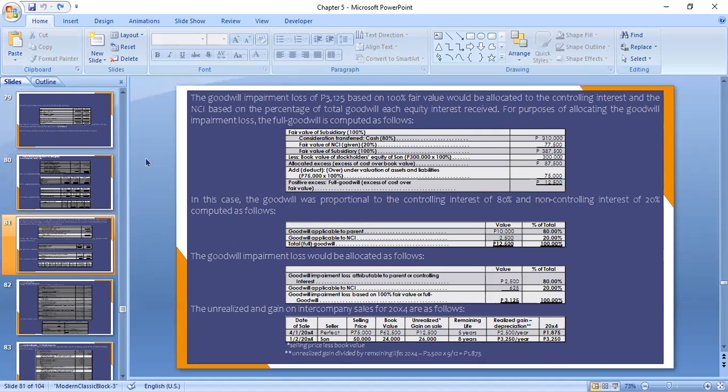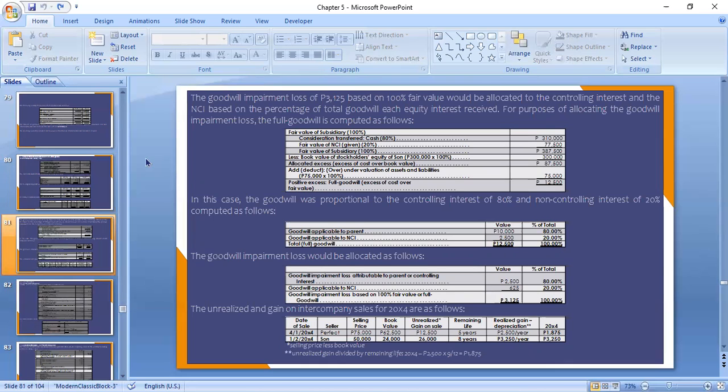So the goodwill impairment loss of 3,125 based on 100% fair value would be allocated to the controlling interest and NCI based on the percentage of total goodwill each equity interest received.